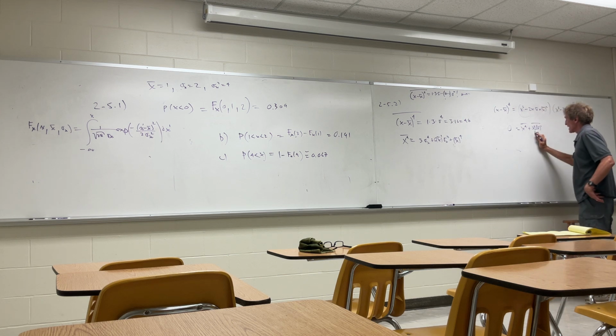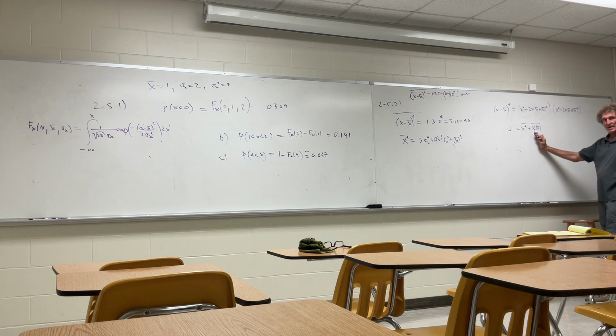I know what that is right there, because that's sigma x squared plus x bar squared would be that x squared. Do you all see that right there? X squared, right? Just x squared bar. The expected value of x squared would be sigma x squared, right? Plus x bar squared. Y'all with me on this? It gets a little confusing.